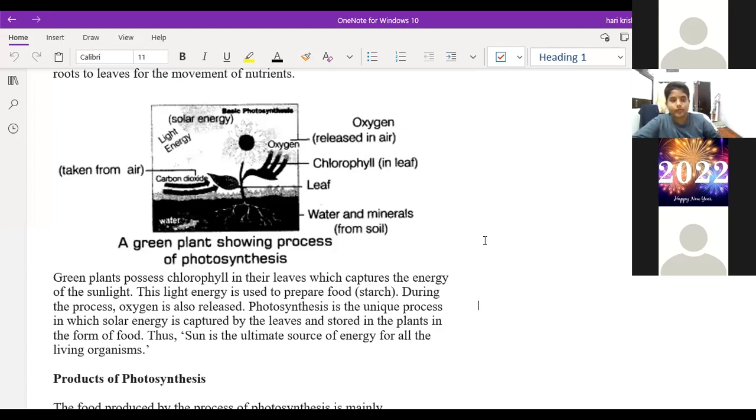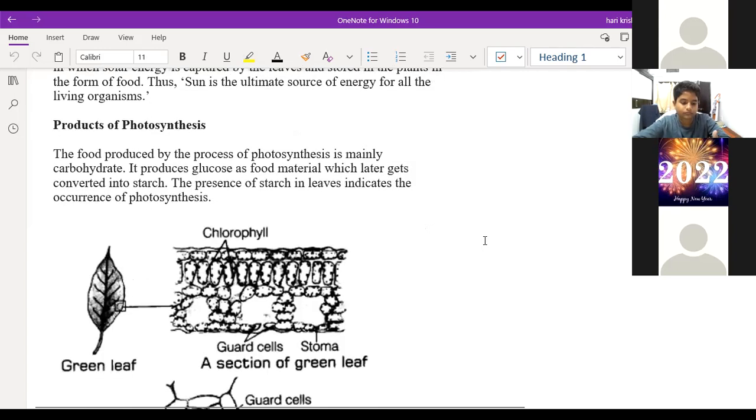Water will move easily from higher altitude to lower altitude only, right? It will not move from lower to higher without any pump. So whenever transpiration is happening, there will be a huge amount of water loss in the leaves. Now the leaves require water, so from the roots only it can take the water again. That is the transpiration process.